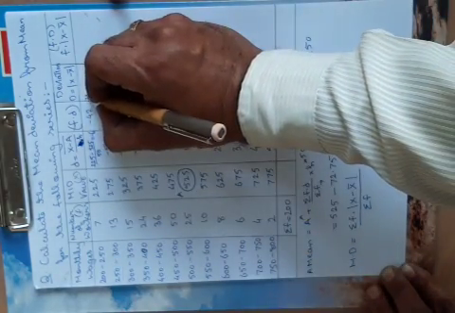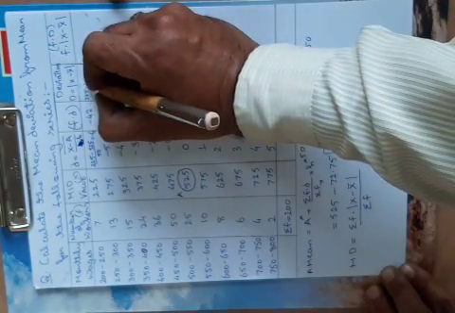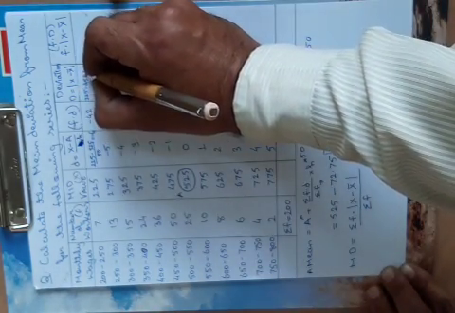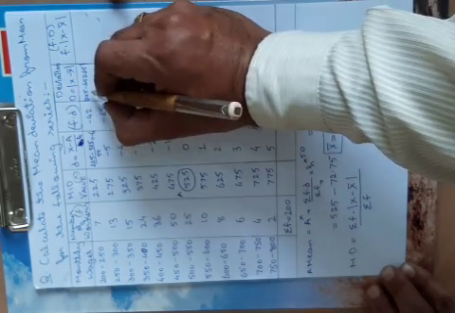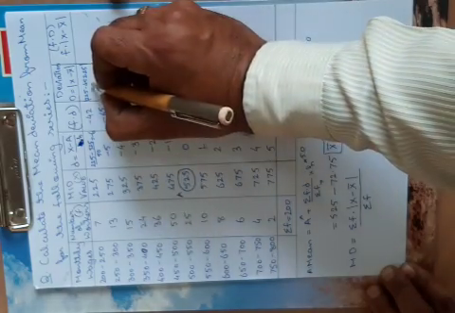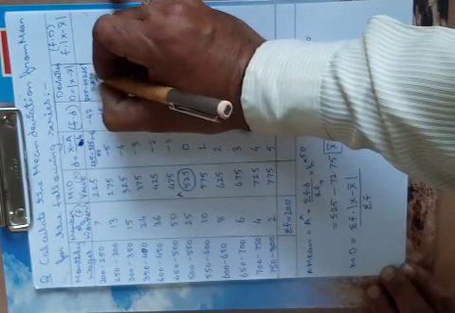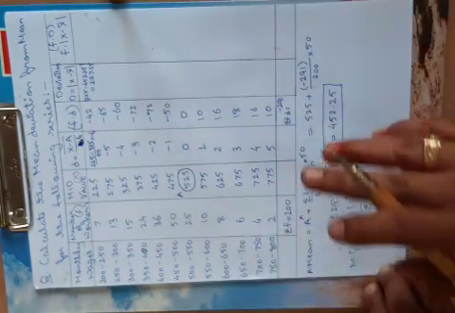So this is 225 minus 452.25. Now the value will be minus, because this is greater, but then we have to take the positive value. So the positive value is 227.25. Modulus means every time you have to take a positive value.